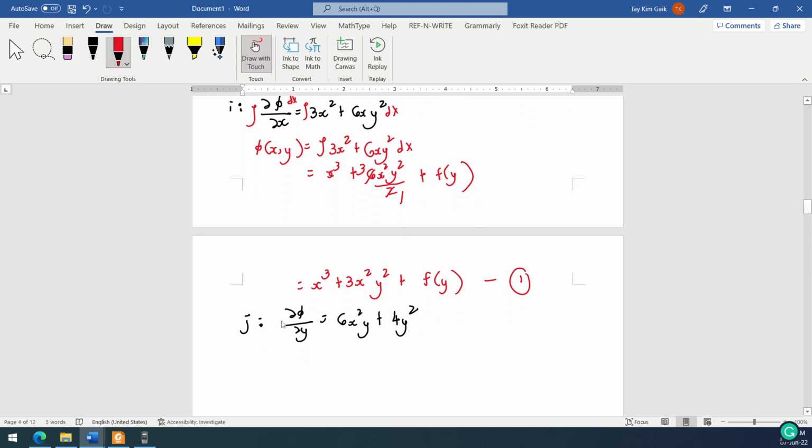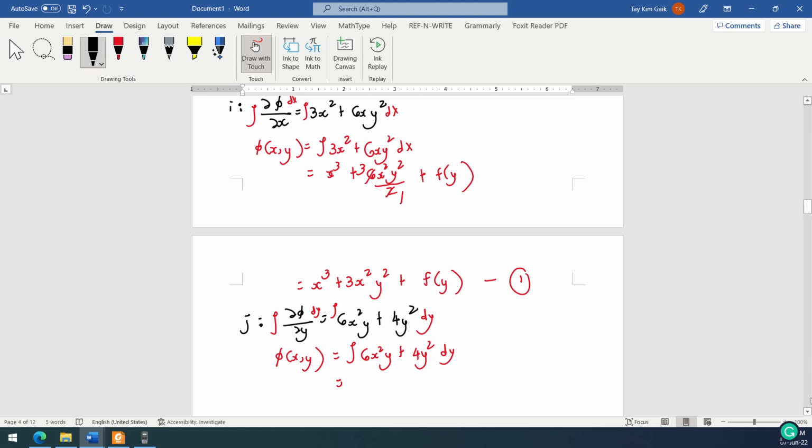To get phi, to eliminate the del y, you integrate with respect to y on both sides. So phi of x, y is the integral of 6x squared y plus 4y squared dy.